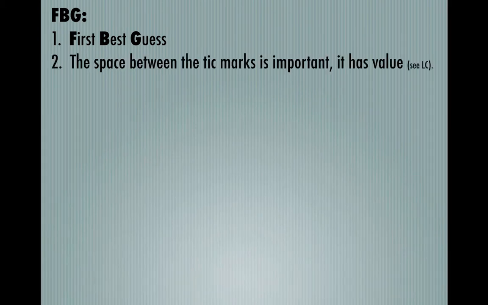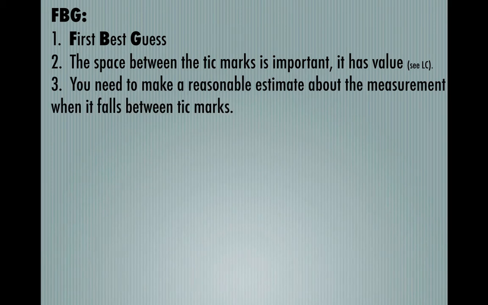So let's go. Okay. So we already talked about the fact that the space between the tick marks has value, and you need to include that value. And you saw this when you did the readings on the calipers. So this is not totally new to you. So you need to make a reasonable estimate about the measurement when it falls between the tick marks.